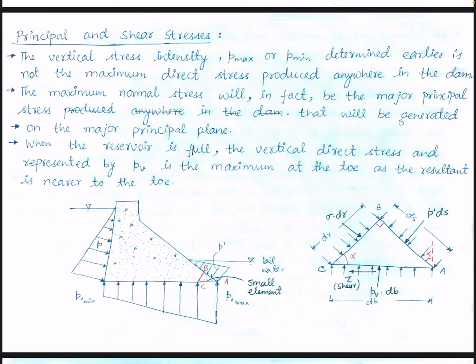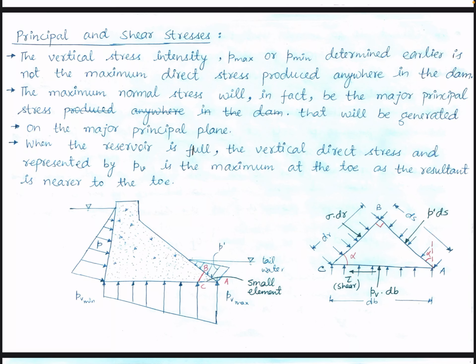Now we put this theta value in the equation of our normal stress. This will give either the major principal stress or the minor principal stress. When the reservoir is full, the vertical direct stress, represented by Pv, is maximum at the toe, as the resultant is nearer to the toe. These things we have seen.